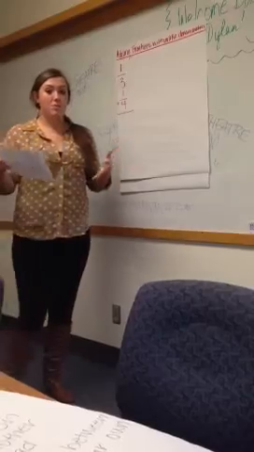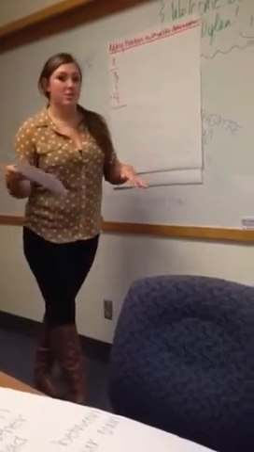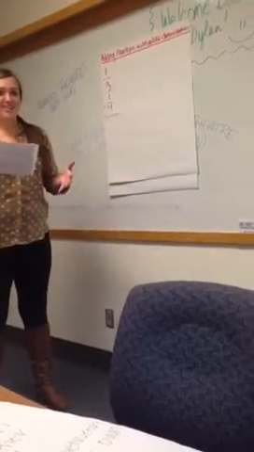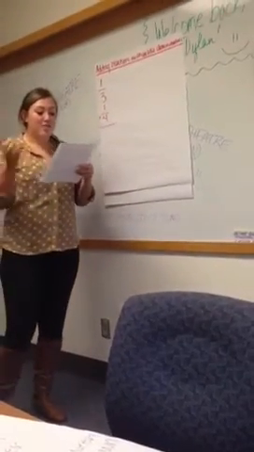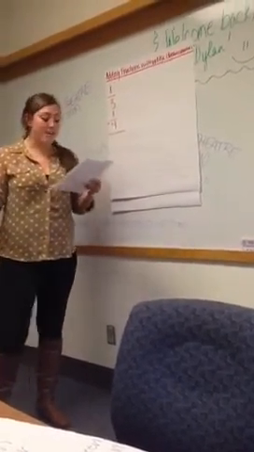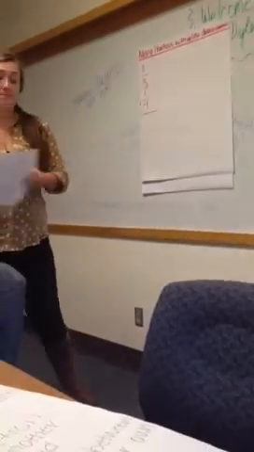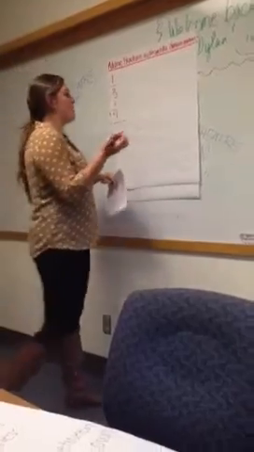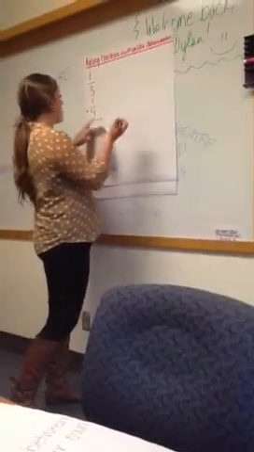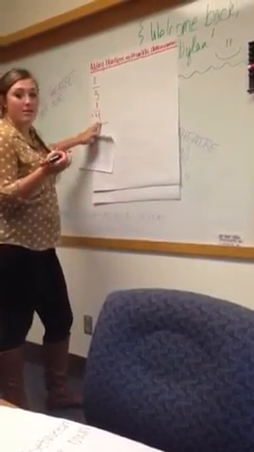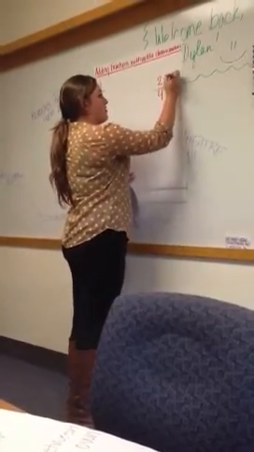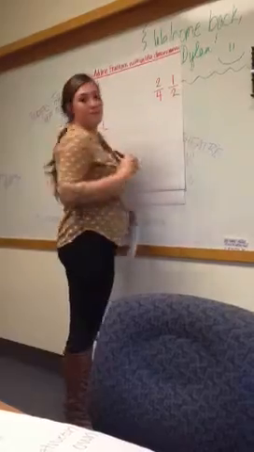But now let's review what equivalent fractions are. Do you guys know what those are? No? Alright. Equivalent fractions have the same value even though they may look different. So, for example, an equivalent fraction to 2/4 would be 1/2.